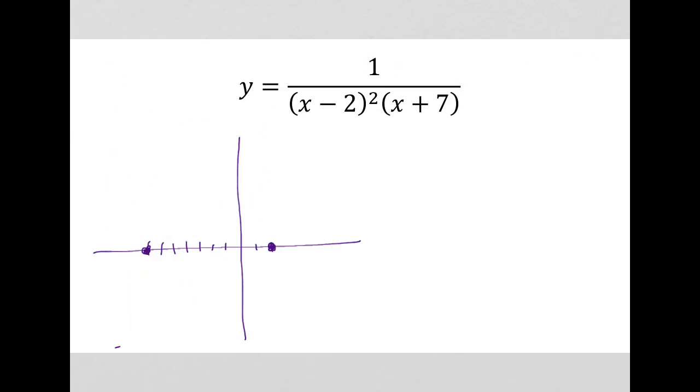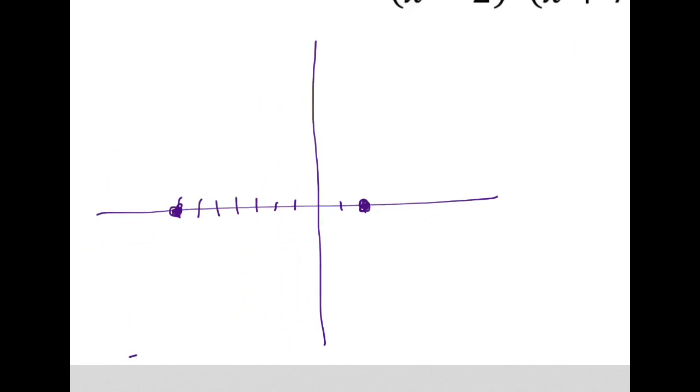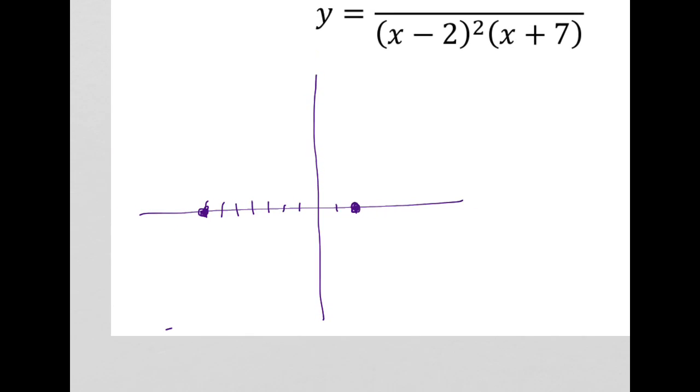So let's jump off to another example here. This one is a little bit different because now we're dealing with a cubic in the denominator, but that's okay because we can graph cubic functions. I know I have a 0 at positive 2, and the multiplicity of that 0 is 2, an even number, so that tells me it's going to bounce at that 0.